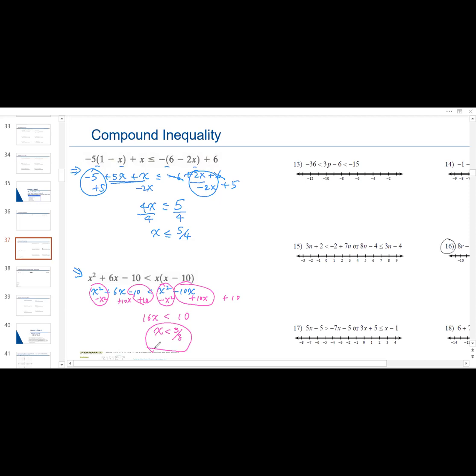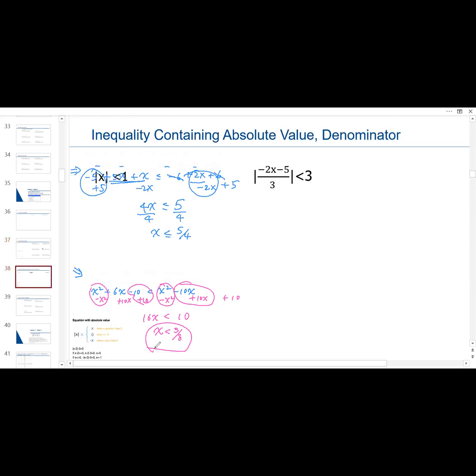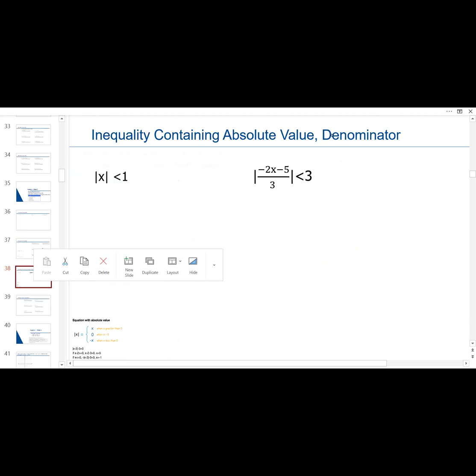I believe we have talked about a lot of similar things, but today we didn't talk about inequalities with absolute value. Let me quickly go through one or two of them. Right now we talked about compound inequality, which is left, middle, and right.